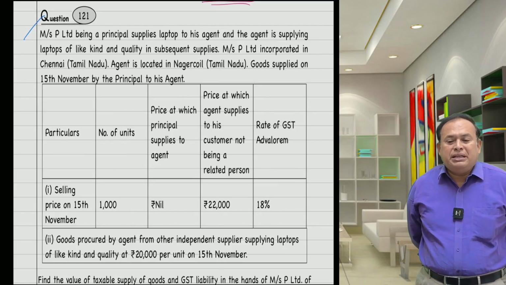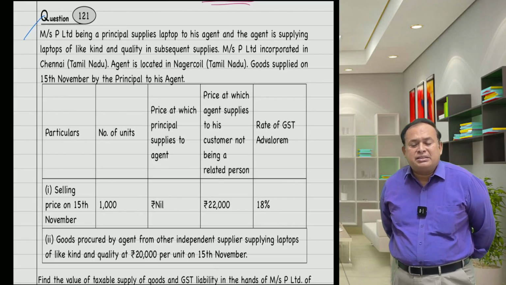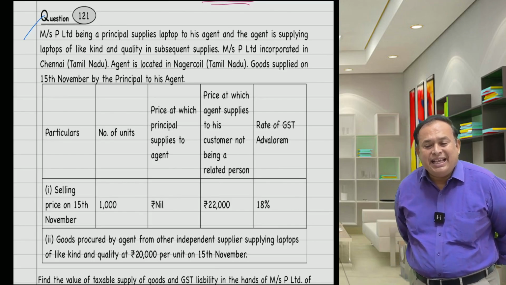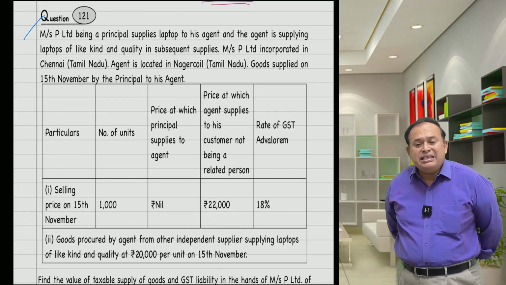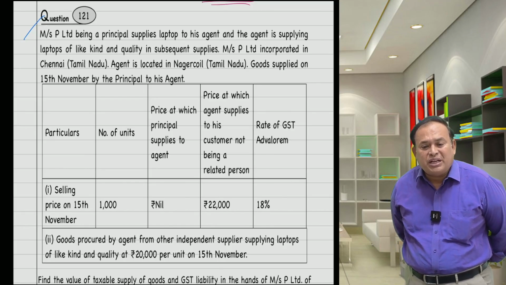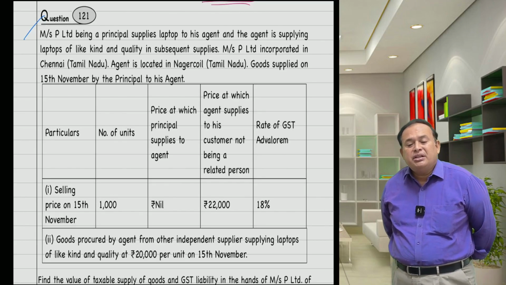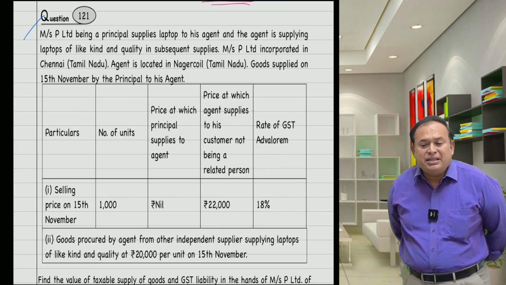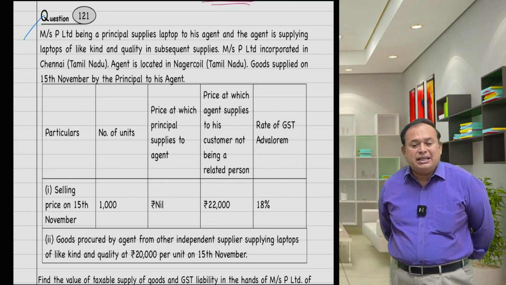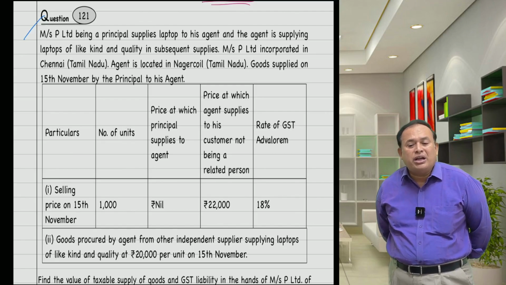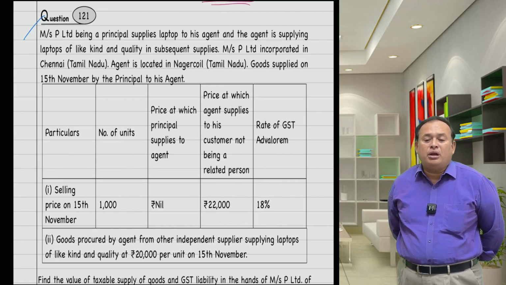Mrs. P Limited, being a principal, supplies laptops to his agent, and the agent supplies laptops of like kind and quality in subsequent supplies. P Limited is incorporated in Chennai, Tamil Nadu. The agent is located in Nagercoil, Tamil Nadu.